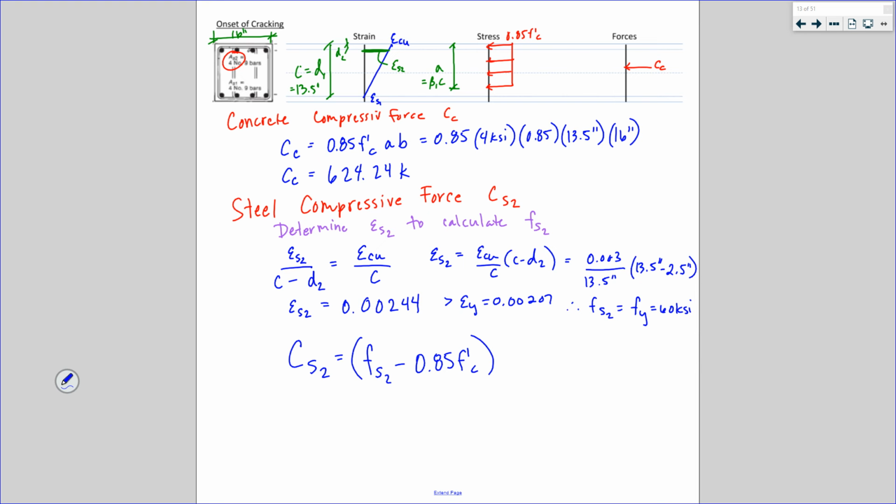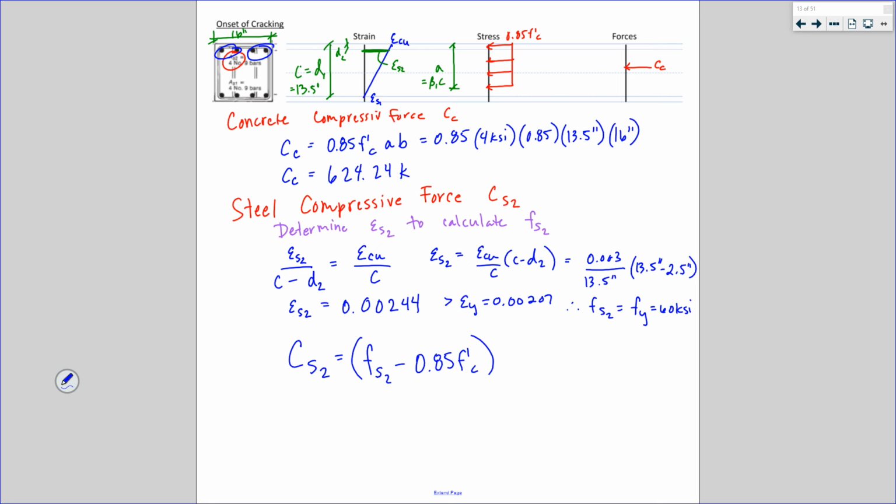That is because up here we just used A times B, but really the area over which that 0.85 f'c acts, you have to subtract out your bars' area.